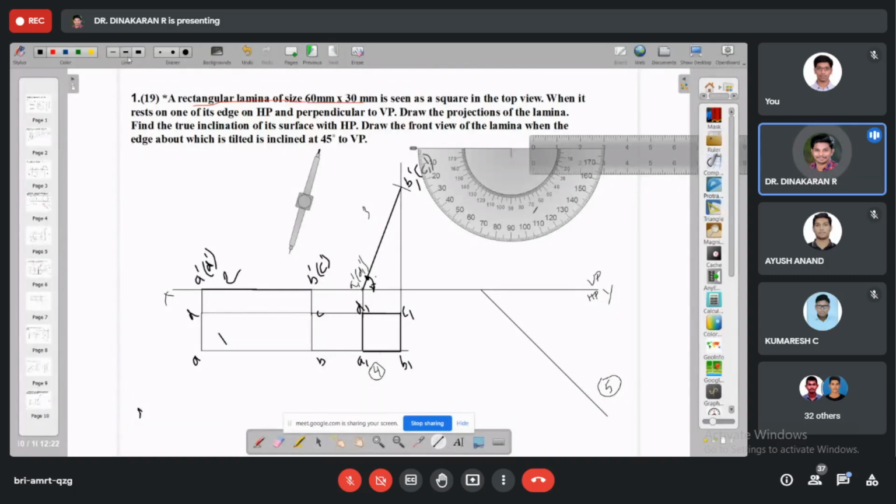In this also, they did not specifically provide any edge, whether the longer edge or another. So measure C1 to B1, then directly mark it on C1 and B1. C1 to D1 is just a perpendicular line, then connect it, then join all the points.